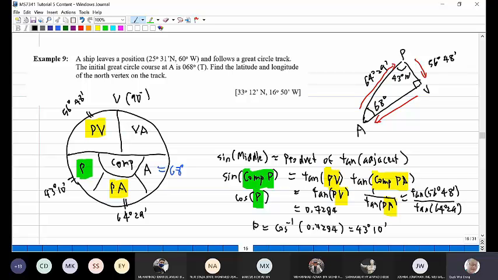Okay, I found angle P already. Now I'll tell you what is the longitude of the point V. Okay, then I must go back to the earlier picture.